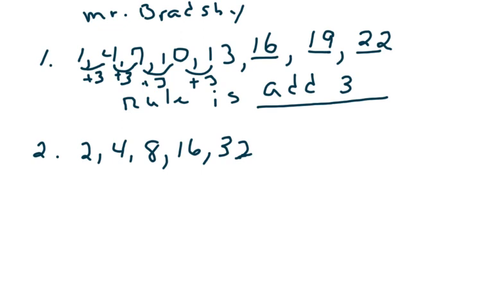Well, we've been studying multiplication. So this was an addition rule, add 3. This might be a multiplication rule. 2 times what is 4? Well, we know 2 times 2, right?